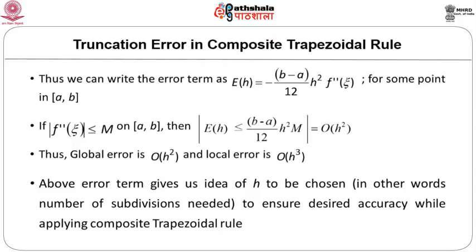In the simple application, the error term was of the order of h cube, but here the error is of the order of h square. And this suggests that h has to be less than 1, and the smaller the h, the smaller will be the error.